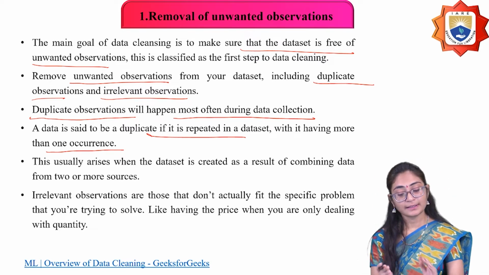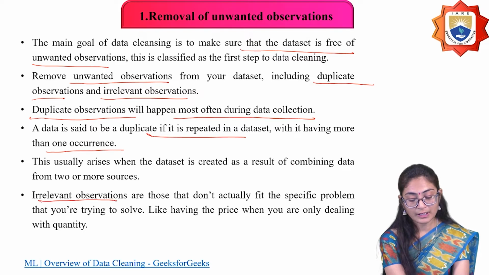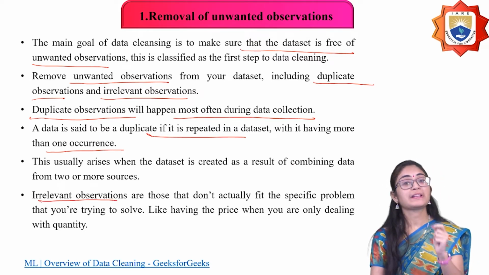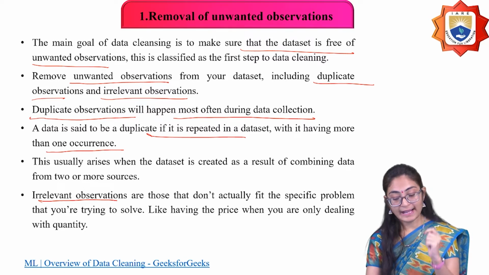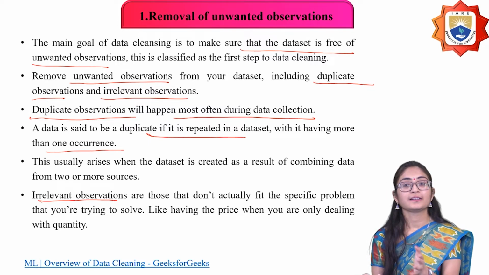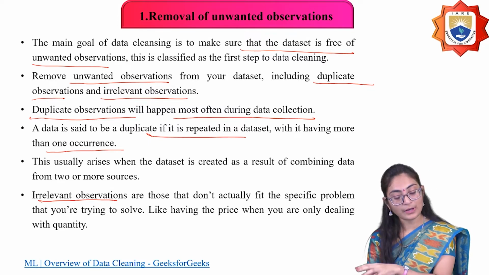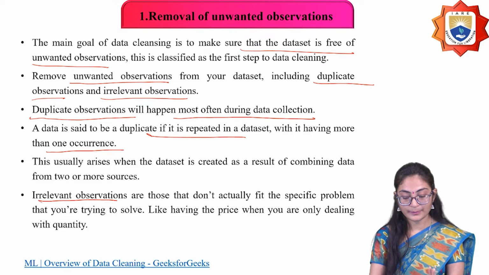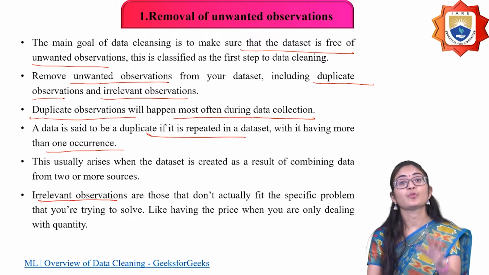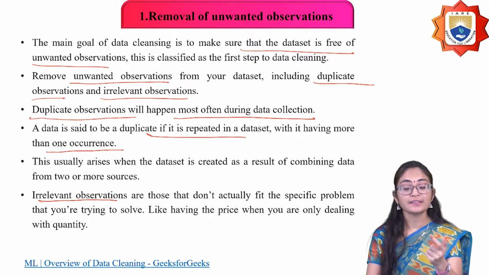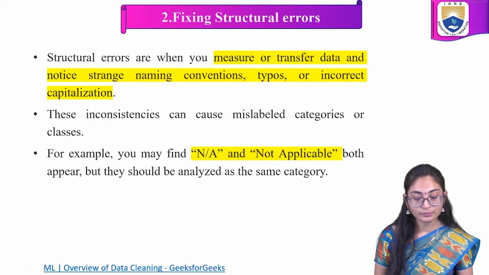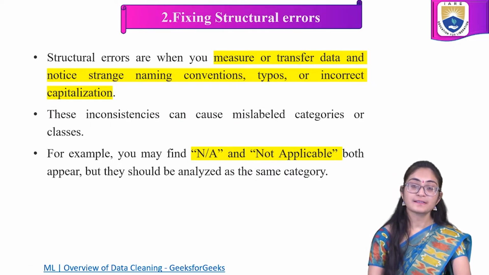Irrelevant observations are those that don't actually fit the specific problem that you are trying to solve. That means you have to fix the problem at the time of data cleaning, in the first step of removal of unwanted observation. Now we will see the second step.